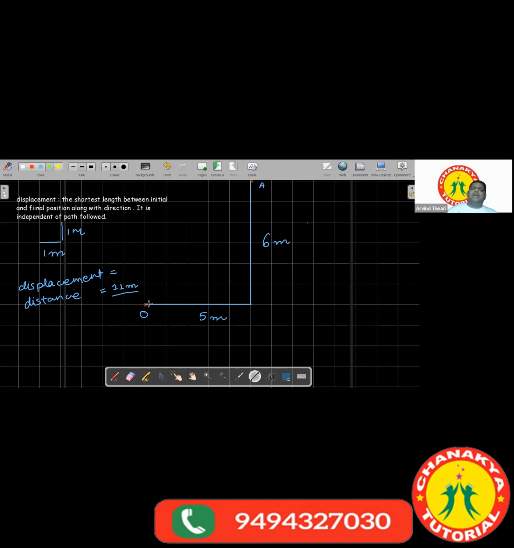Okay. The displacement can be obtained as the shortest path between initial and final point. So here we observe AO is the shortest path. If I can find out the length of AO, that would be the displacement.